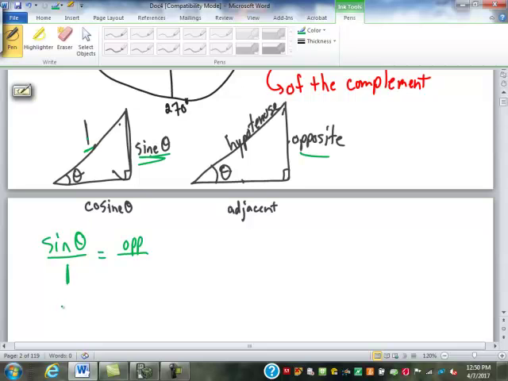I'm going to put that below the sine. What side in the other triangle corresponds to the 1? Hypotenuse. I'm going to abbreviate that HYP. So sine over 1 is just sine. The sine of an angle is equal to the length of the opposite side divided by the length of the hypotenuse. In any right triangle that has that angle in it, that ratio will be the same.